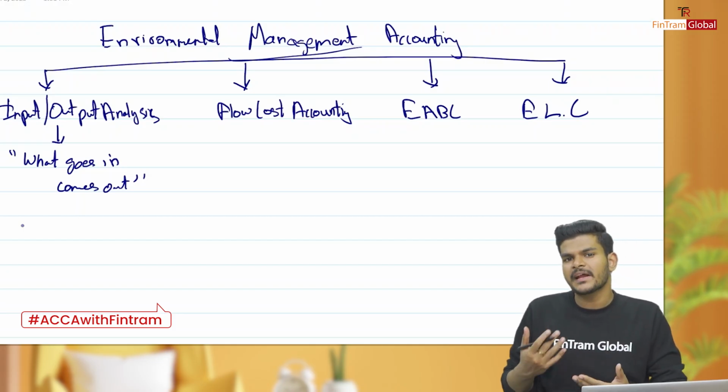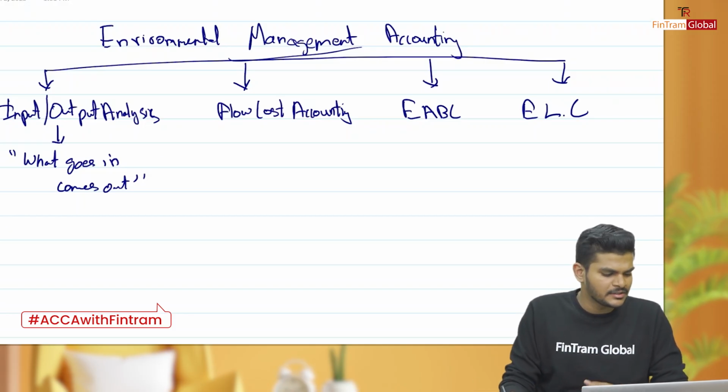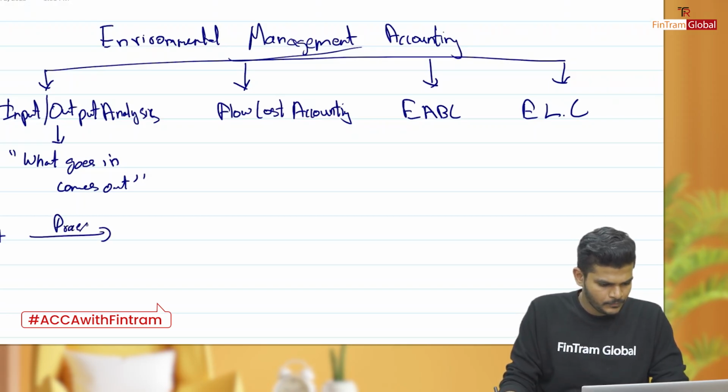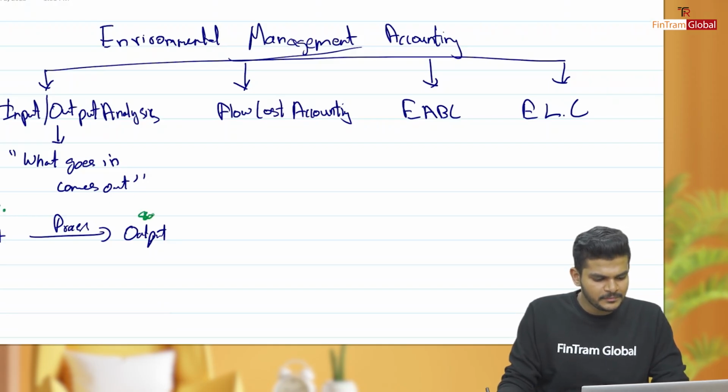But when it comes to a practical manufacturing scenario, how does the process work? It's basically input and then process and then output, right? So when it comes to a practical sense, what's going to happen is I may input 100%, right? However, the output may only be 80%.